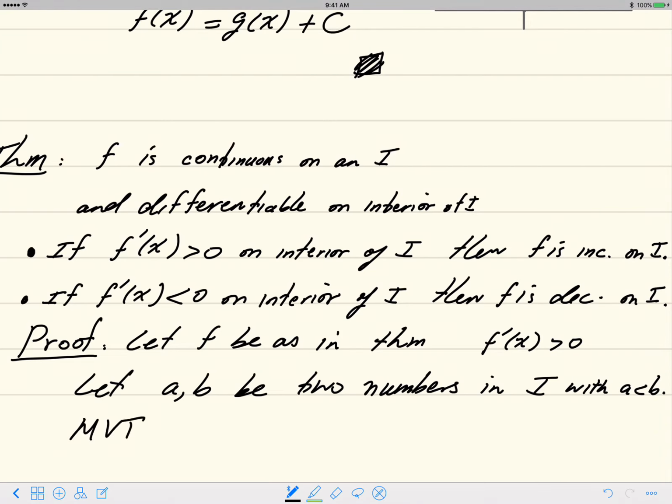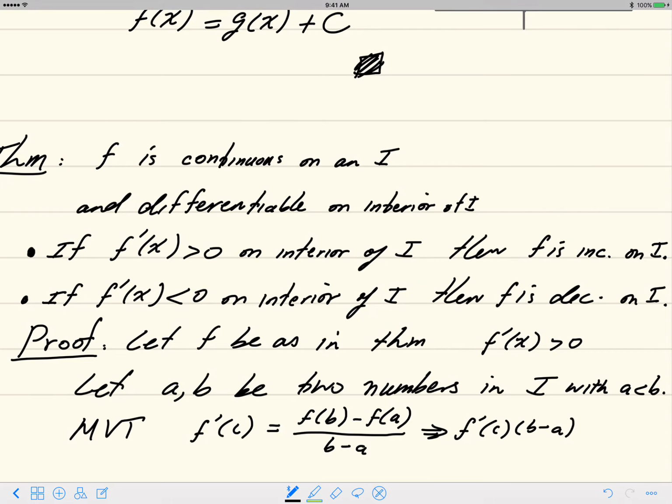The mean value theorem says f prime of c is equal to f of b minus f of a over b minus a. So if I multiply both sides by b minus a, I'm saying that f prime of c times b minus a is equal to f of b minus f of a.